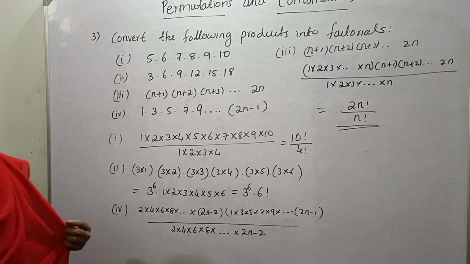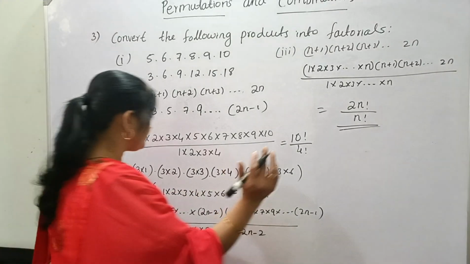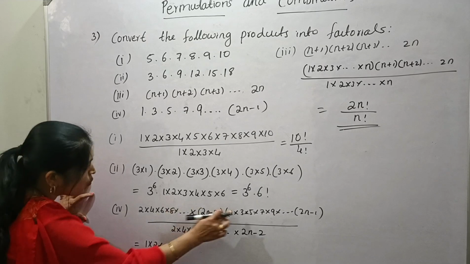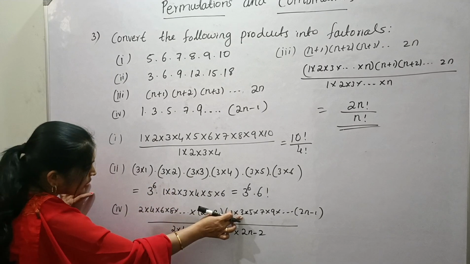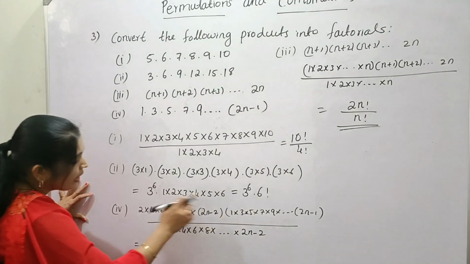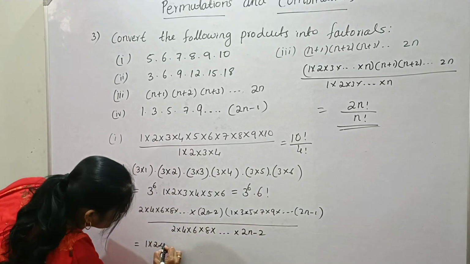Now see the numerator, it can be written as, rewrite this one. That is 1 into 2 into 3 into 4 into 5 into 6 into 7 into 8 etc. into 2n minus 2 into 2n minus 1.